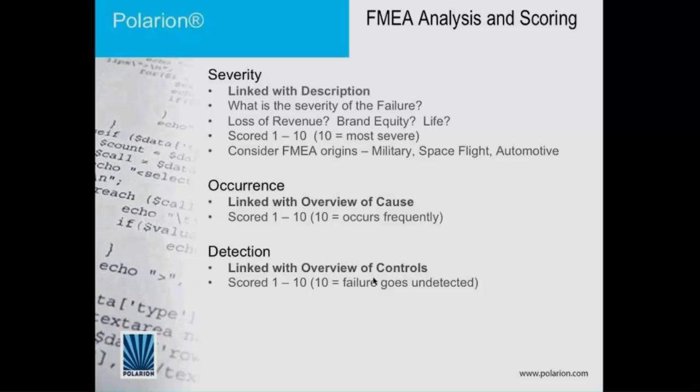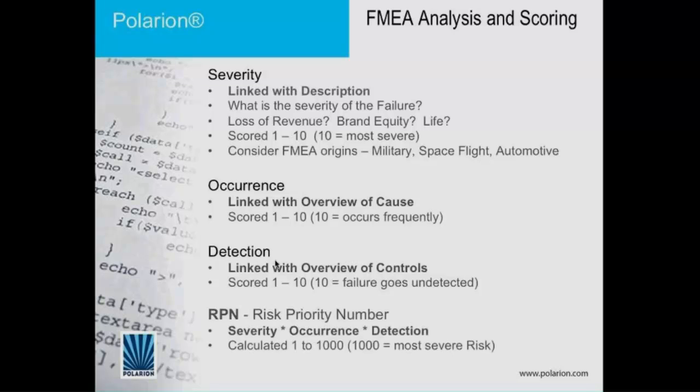If the failure goes undetected, it receives a score of 10. If the failure is easily detected and alerted to both users and the system itself, then it would be scored with a lower value. And finally, we have the risk priority number, which is the product of the severity score times occurrence times the detection score, and ranges from a calculated value of 1 to 1,000.